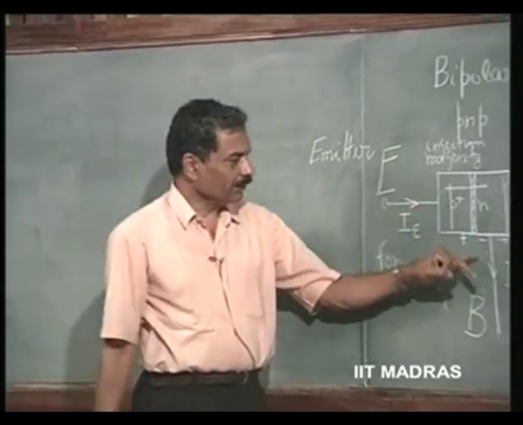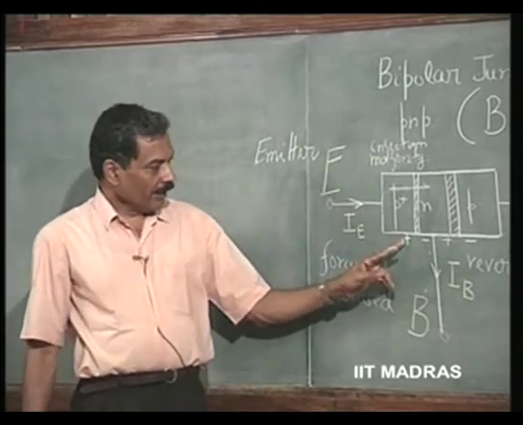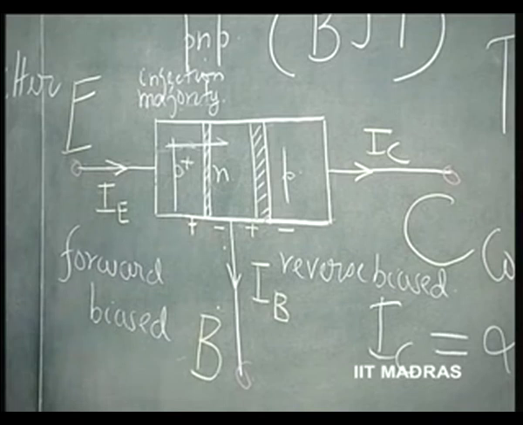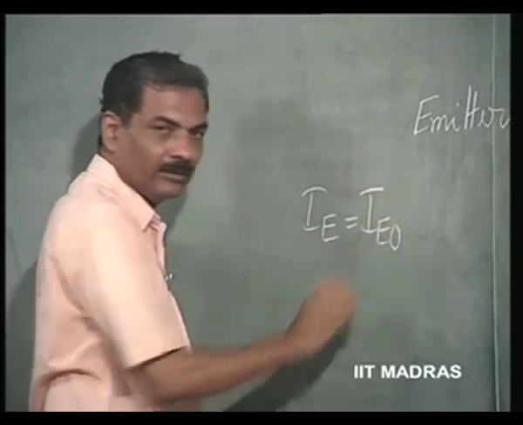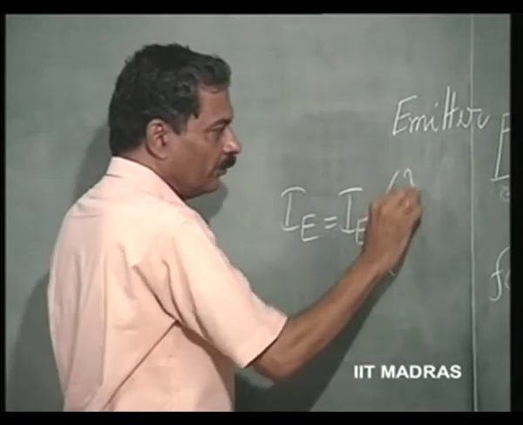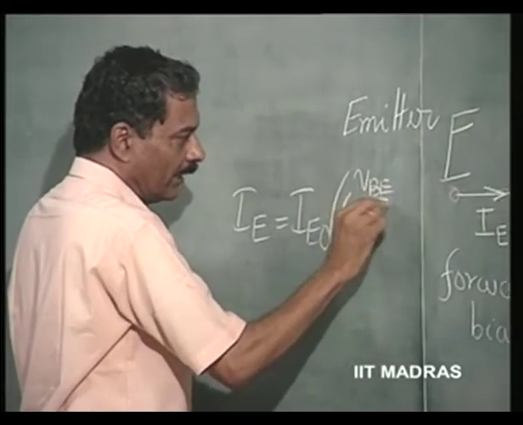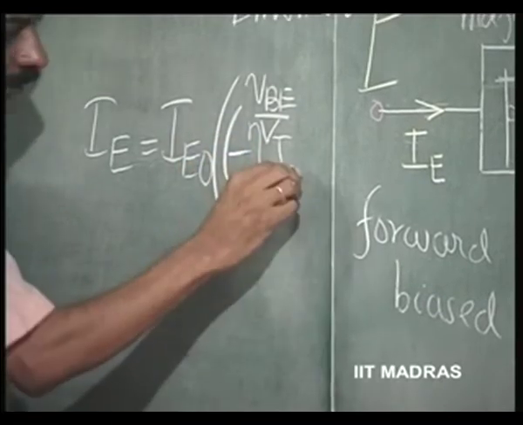Now, as far as the input is concerned, please remember the input emitter base junction voltage and emitter current are going to be related in the same fashion. I E is equal to I E naught exponent V B E by V T. This eta factor can also be there.